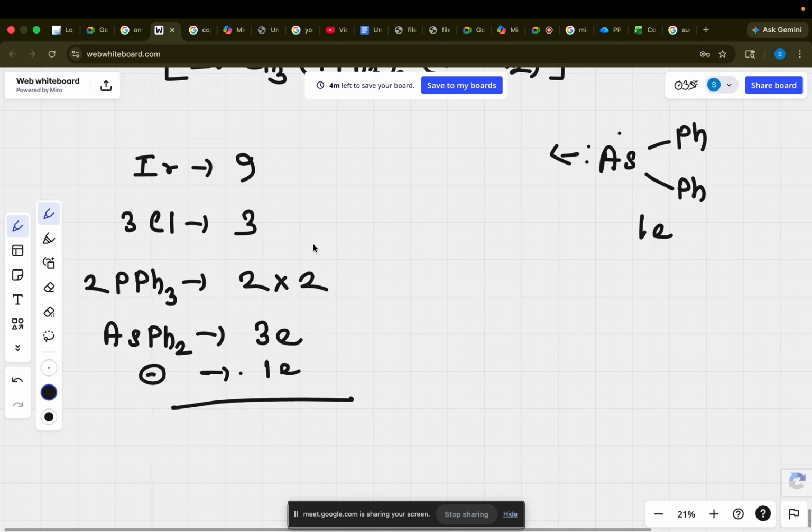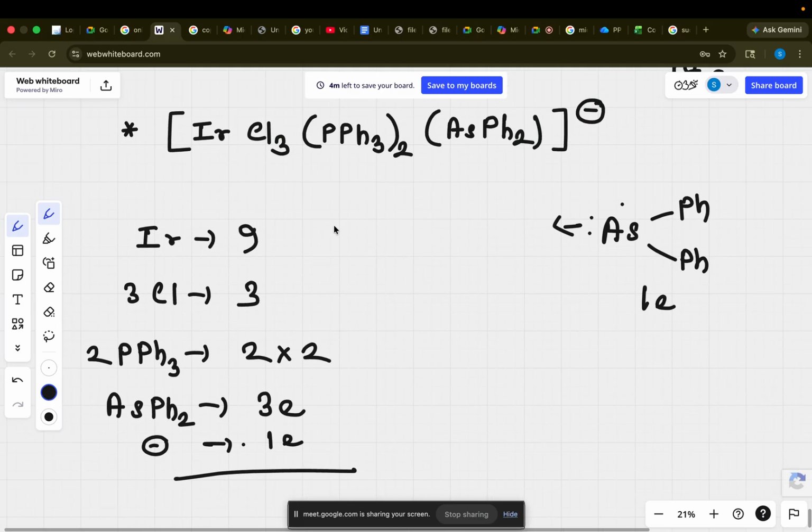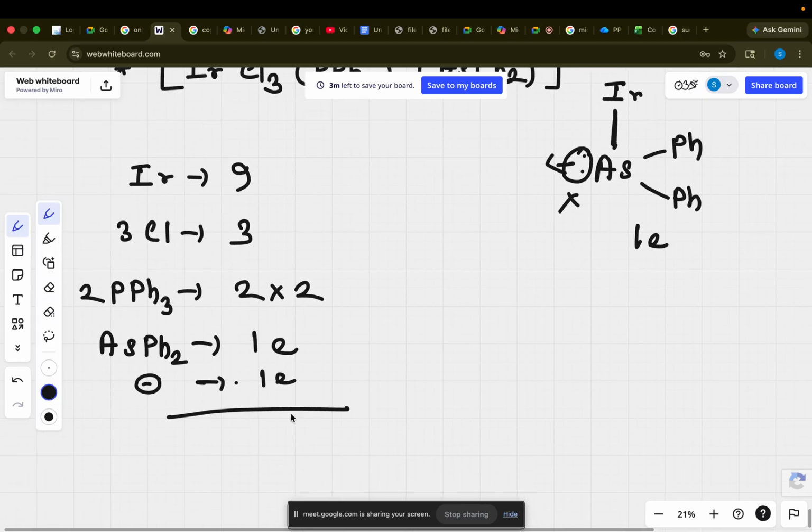Now why is it donating 1 electron? Because here we have only one metal center, iridium. So with iridium it is donating 1 electron. It will not donate this lone pair here. So for this AsPH2 you can write down 1 electron, and then you will get 18 electrons.